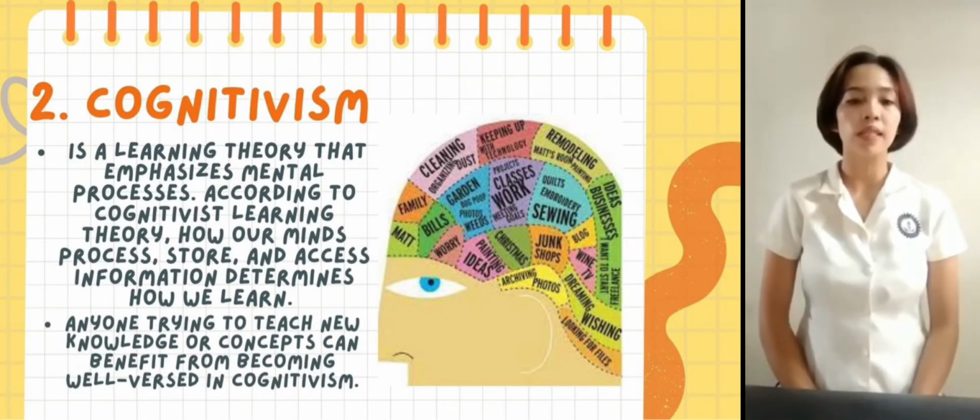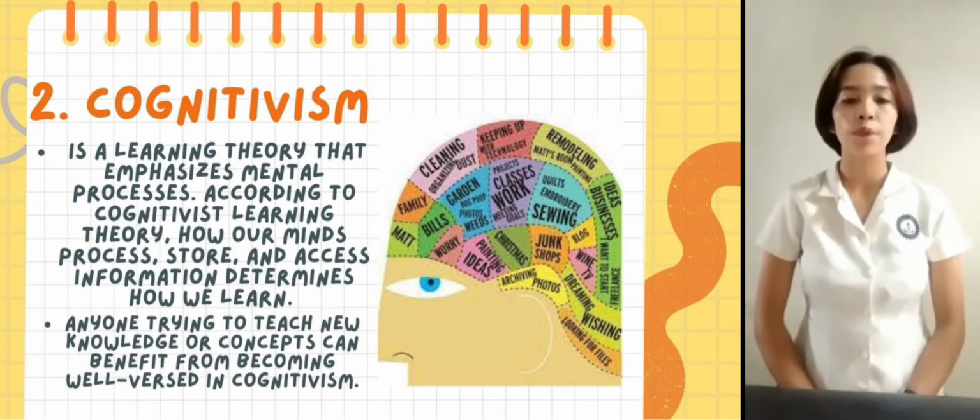So next, we have cognitivism. Ang cognitivism ay isang teorya ng pag-aaral na nagbibigay diin sa mga proseso ng pag-iisip. According to cognitivist learning theory, how our minds process, store and assess information determines how we learn. Kapag nakakuha tayo ng bagong kaalaman, nagagawa ng ating utak na ilipat ang kaalamang iyon at gamitin upang malutas sa mga issue o sitwasyon na hindi familiar sa atin.